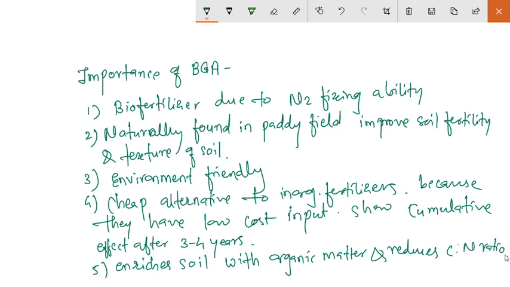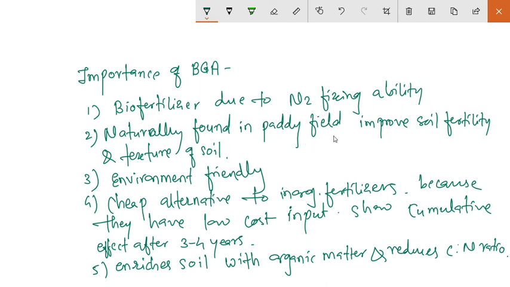Then other uses of blue green algae, they enhance the solubilization of immobile phosphate.